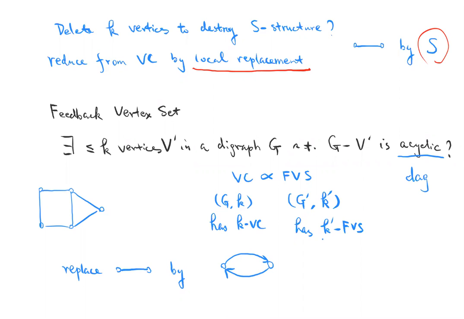So G prime will be obtained from G by replacing each edge by a diagonal. So our resulting graph, if we do this replacement, will look like this. So from G, we get G prime. And we set K prime to be K.